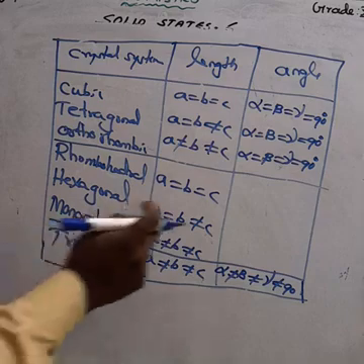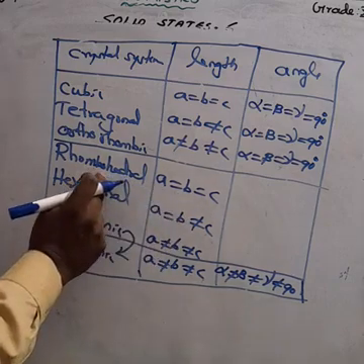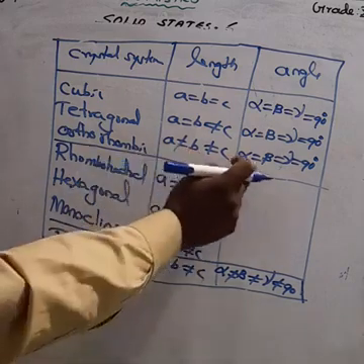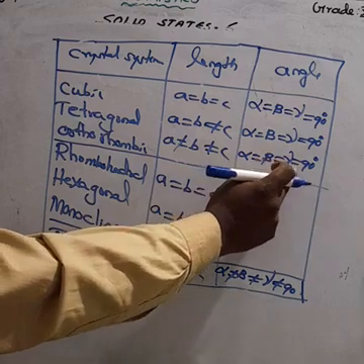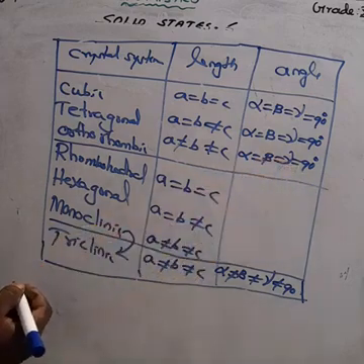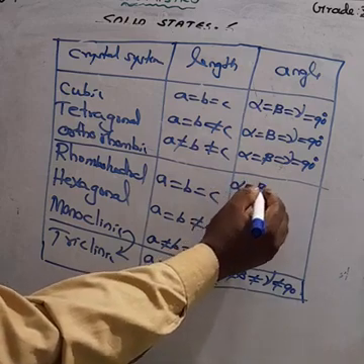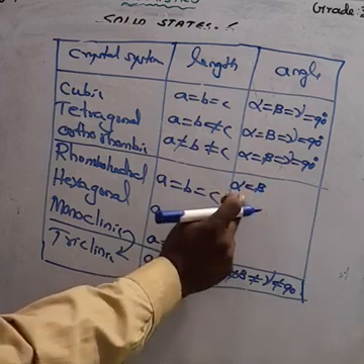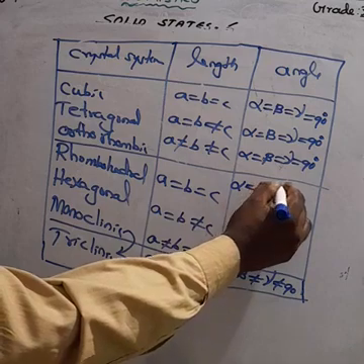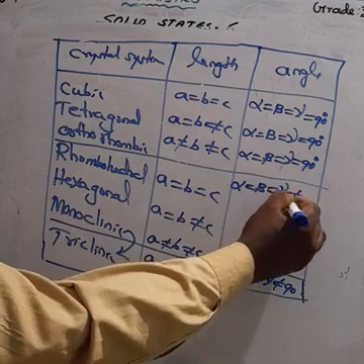Come to the fourth one. What about the third one? Alpha is equal to beta, beta is equal to gamma, gamma is equal to 90 degree. Am I right? Fourth one: alpha is equal to beta, beta is equal to gamma, it is not equal to 90 degree.